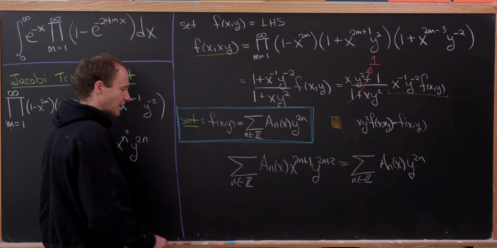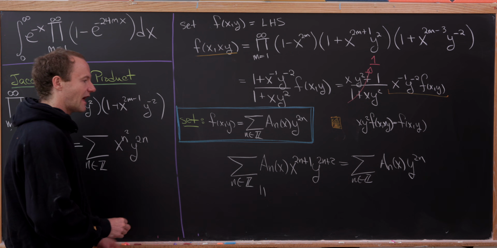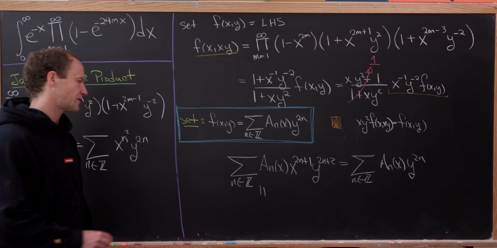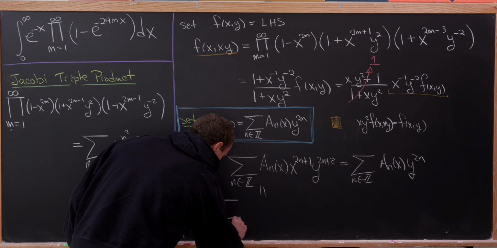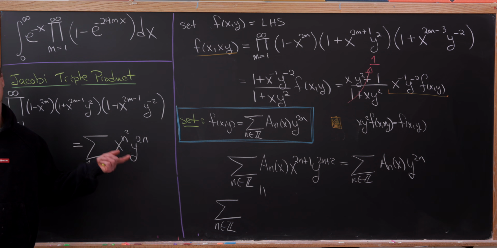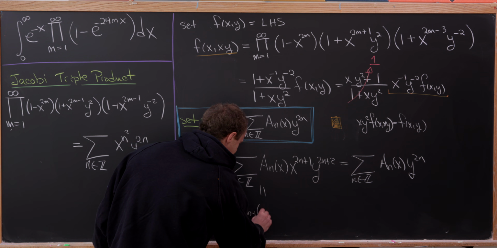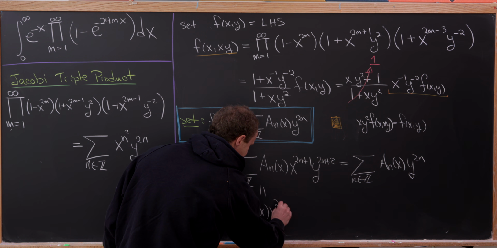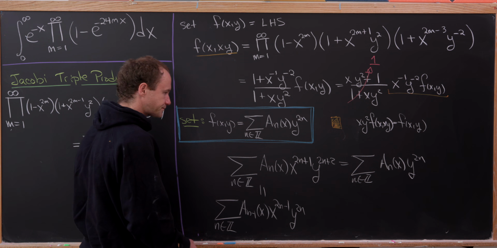But next up what I want to do is re-index this sum on the left so that the indices match with the sum on the right. So I'll take all of the n's and I'll replace them with n minus 1. But since I'm summing over all integers, I'm still summing over all integers. So that's going to give me a_{n-1} of x, and then I have x to the 2n minus 1, y to the 2n.